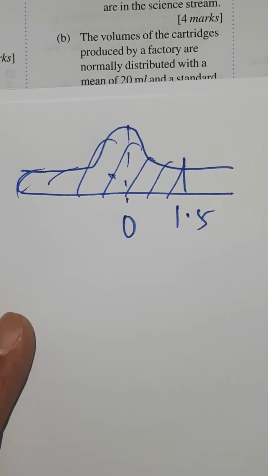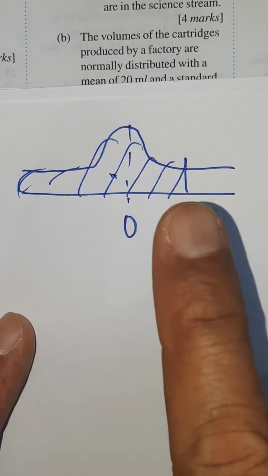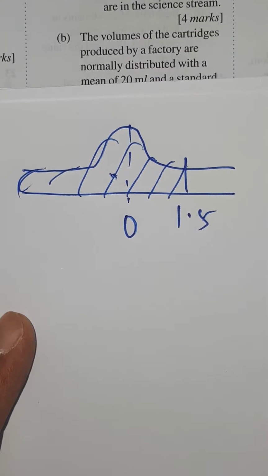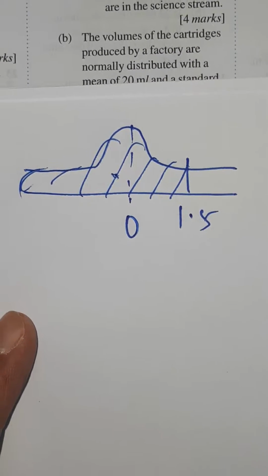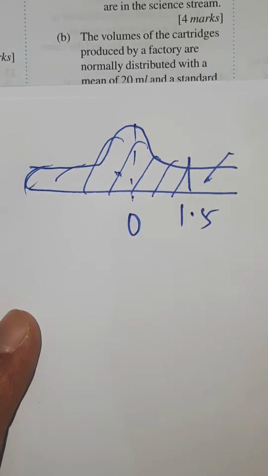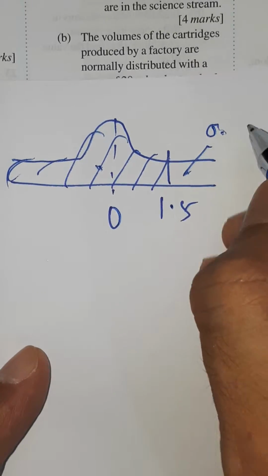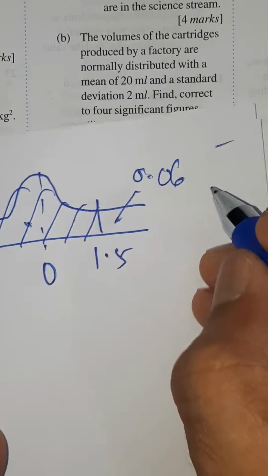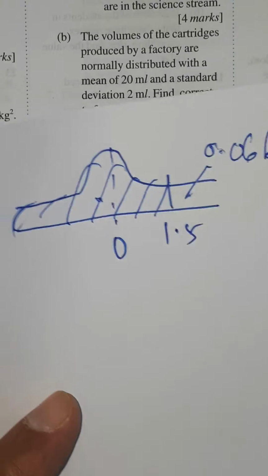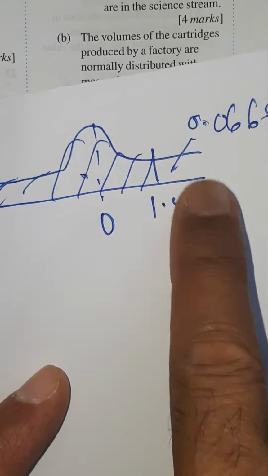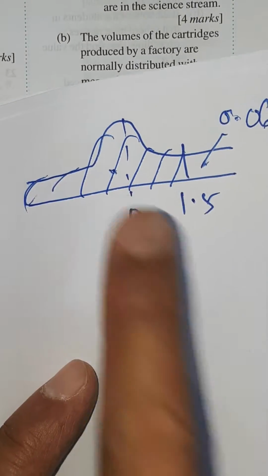So in our diagram here, this is the tail, 0.0668. Okay, but we do not want this part. We want the other part, the shaded part.